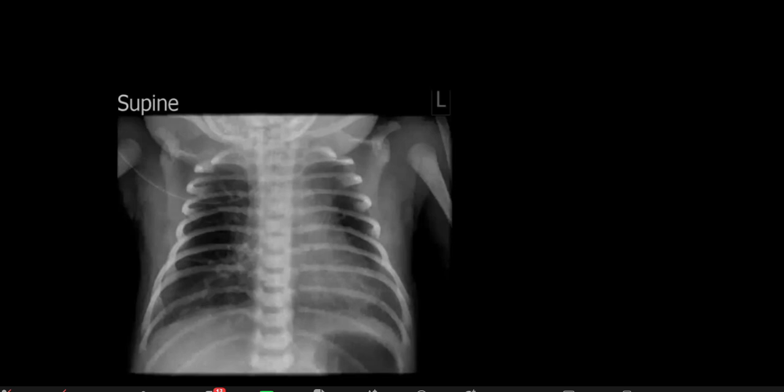I will correlate with the birth history of the child. If there was a cesarean delivery, then the first differential on the basis of increased lung volume is transient tachypnea.